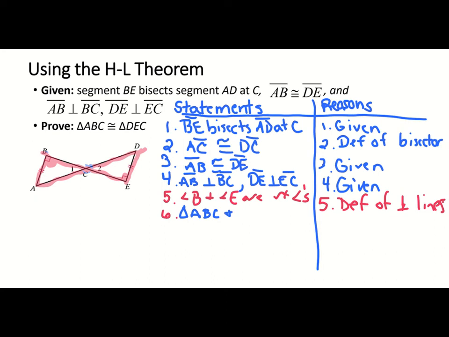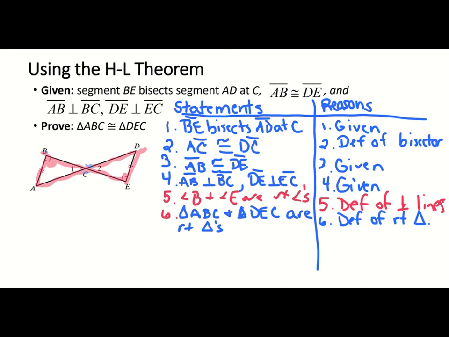And that is just going to be the definition of a right triangle, because we know if there's a right angle in the triangle, it is a right triangle.